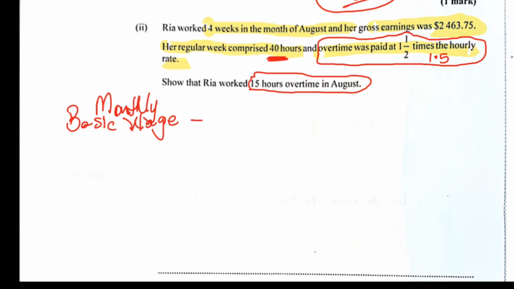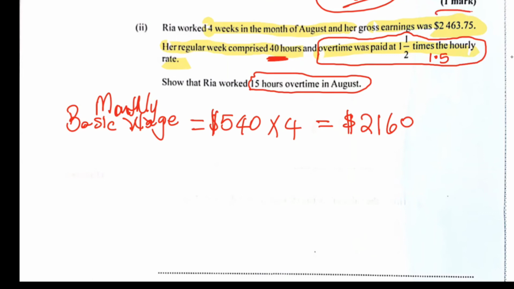For that month, that 4 weeks, it would have been the $540 that this person makes every week times 4, regular. So now this person would actually make $2,160 for that month, but you're seeing that this is not the case.